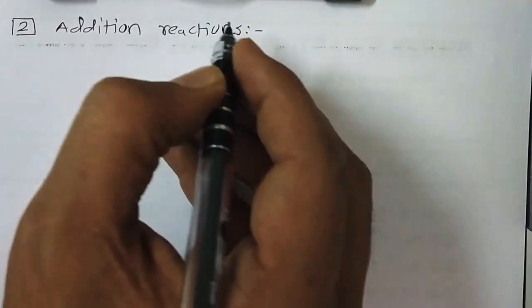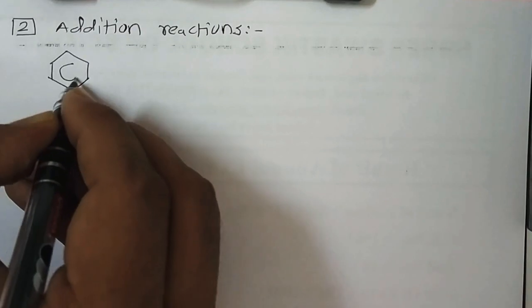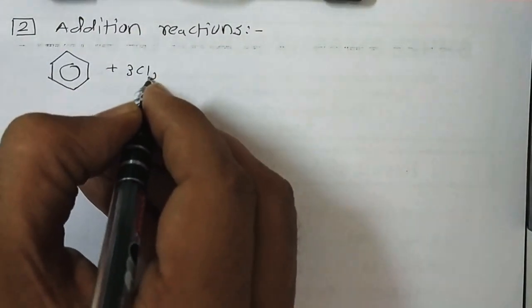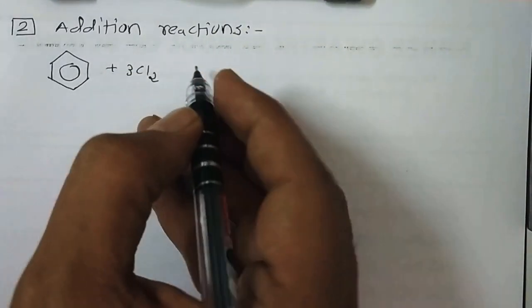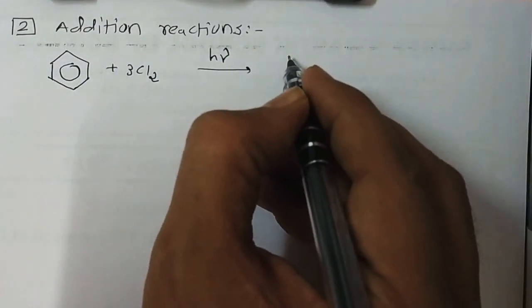So let us take a quick look at the addition reactions. When benzene reacts with, for example, 3 moles of chlorine in the presence of sunlight, we get a product like that.